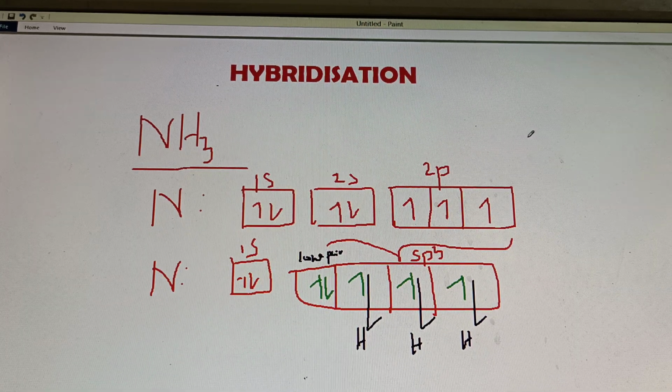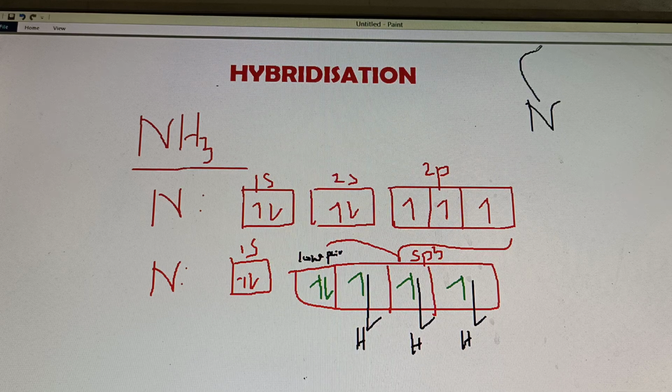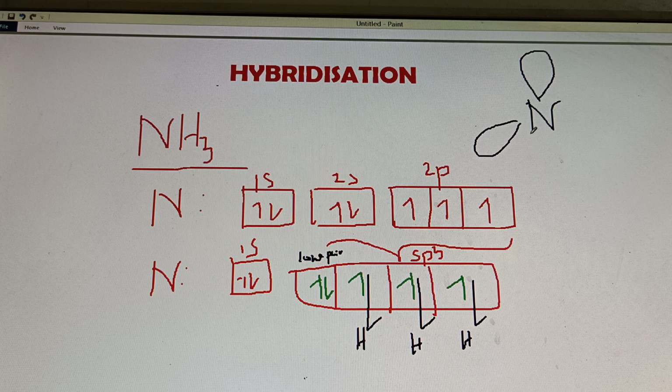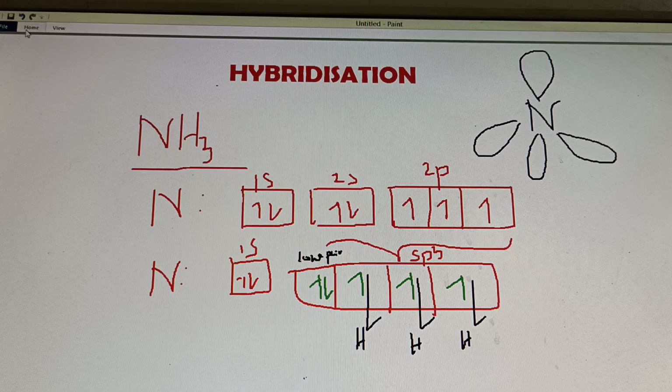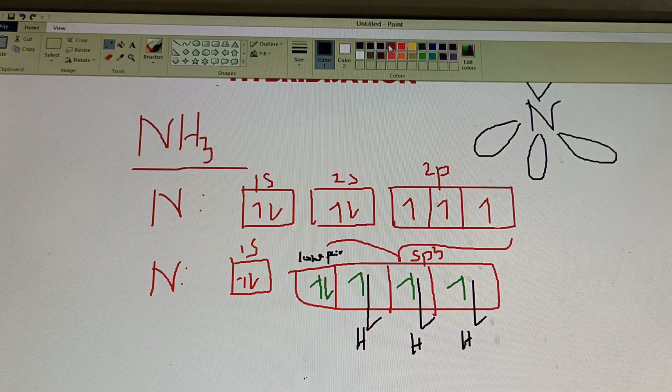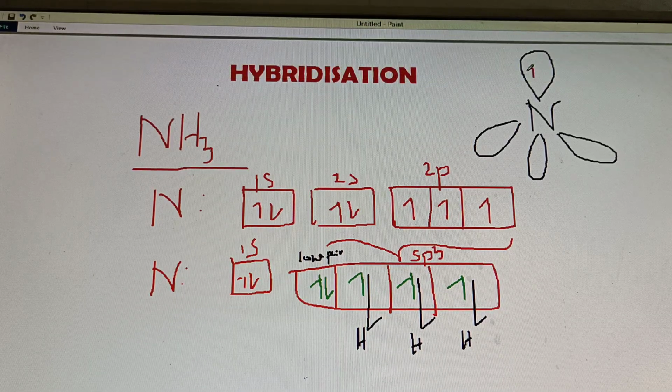Clear? So we can draw the structure: nitrogen, with one sp3 orbital, another sp3, another sp3, so four sp3 orbitals. In the first sp3 orbital, one lone pair of electrons is there.